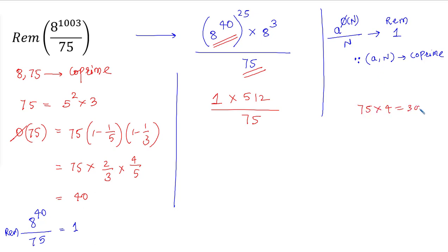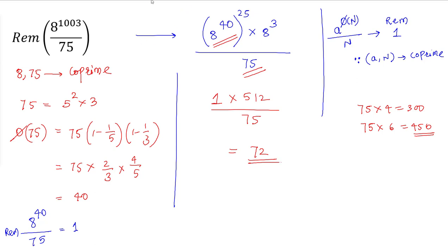Then 75 into 6 comes 450. So 450 is the closest multiple, so the remainder is going to be how much? 512 minus 450, that is equal to 62. No, 72 is the remainder. Okay everyone, likewise we can solve this question.